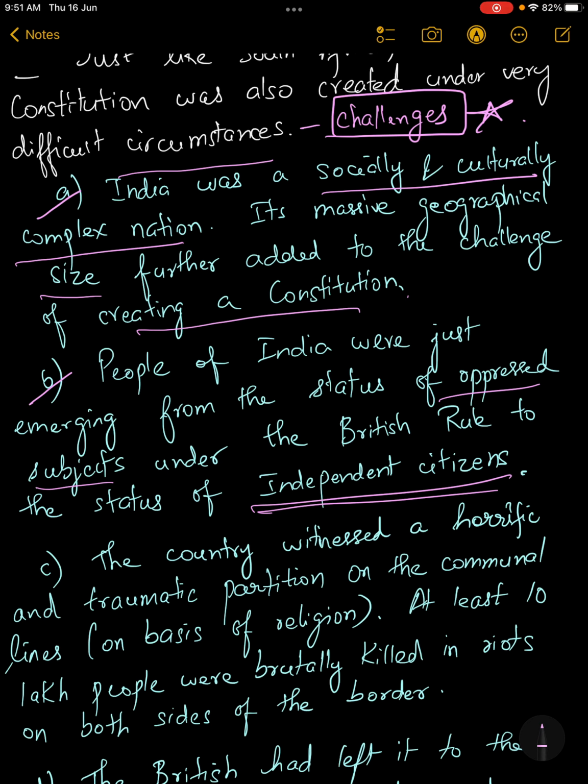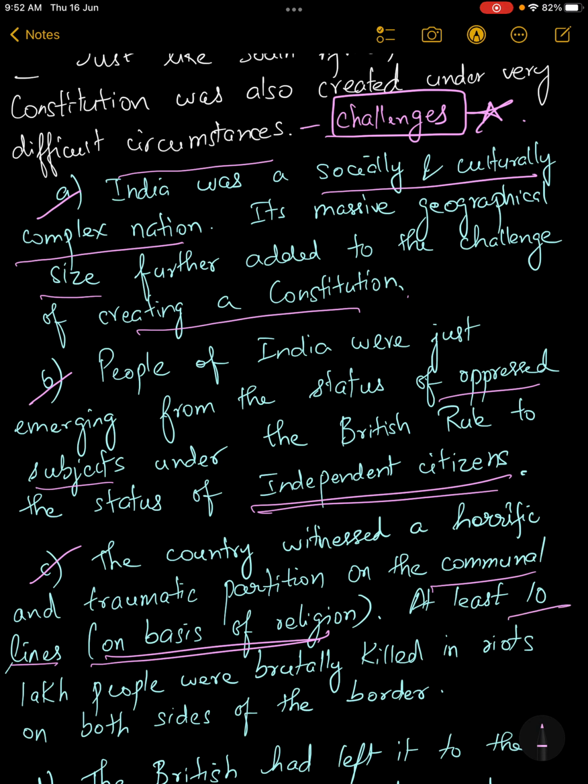The third challenge, which most of you would have witnessed in your own families, was the traumatic partition that India underwent when it was divided into India and Pakistan on communal lines, that is, on the basis of religion, mostly Hindu and Muslim. Around 10 lakh people were brutally killed, slaughtered and murdered in riots on both sides of the border.